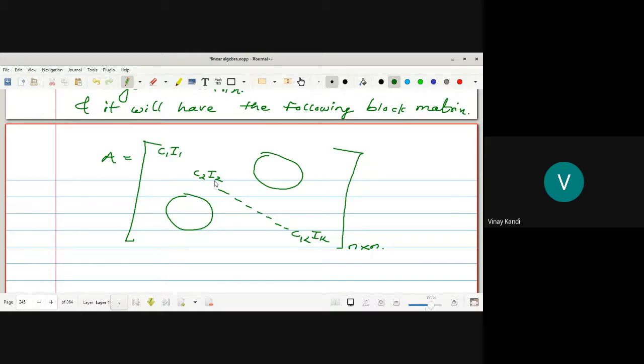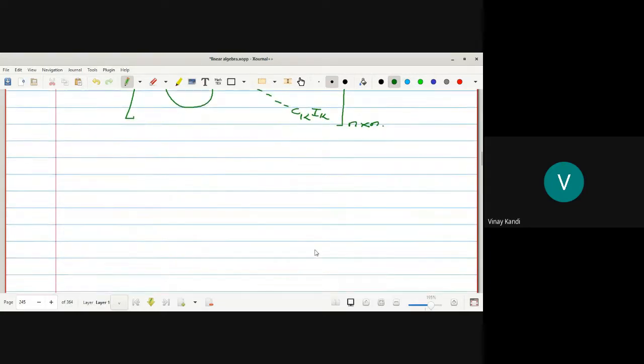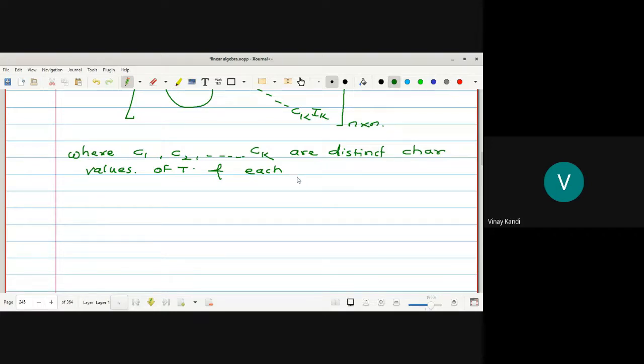Where c1, c2 up to ck are distinct characteristic values of T, and each may be repeated di times. c1 is repeated d1 times, c2 repeated d2 times, up to ck repeated dk times.